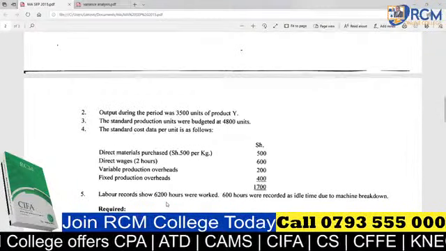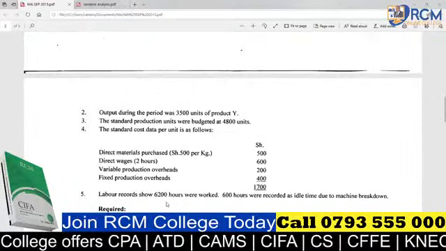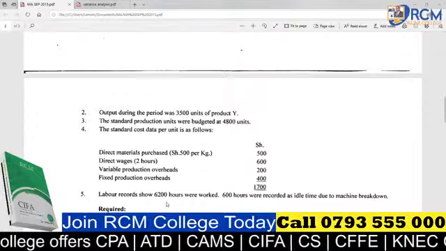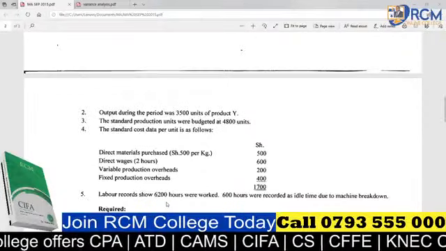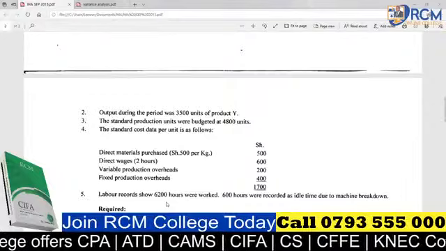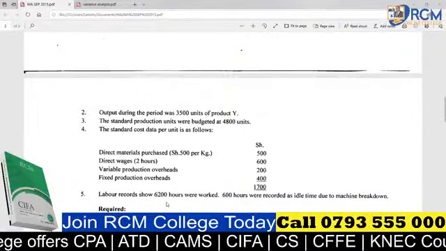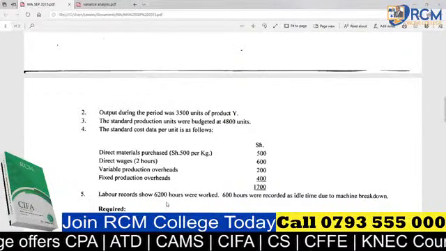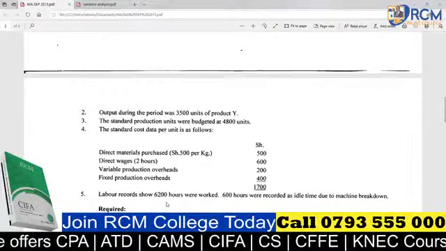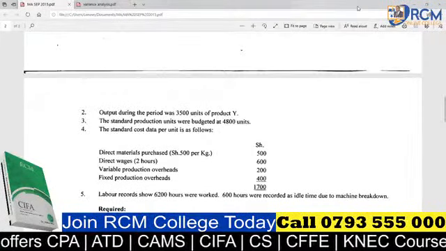So the question I would want to pose to all of you, Section 2 and Section 5 students in Kenya, including the ones following us on Facebook: which actual hours should we use? Should they be actual hours paid or actual hours worked?